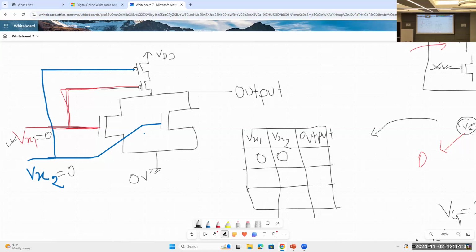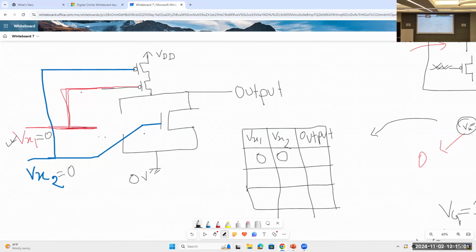If VX1 equals 0, then what happens to this NMOS? The gate of this NMOS gets 0, right? Will it be turned on or off? Off, because it is getting 0. If NMOS gets 0, it will be turned off. Disconnected. So if this is disconnected, just remove this. There is no connection here.